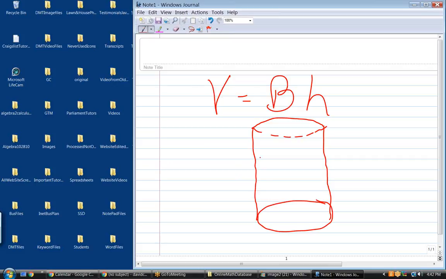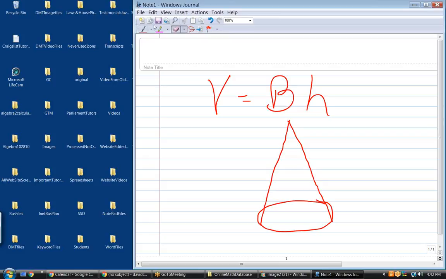Now, if somebody gave us a soup can made of wax and said turn it into a cone, I've got to shave 2/3 of the material off. Which means the volume of the cone is what? 1/3 that of the cylinder. Exactly.